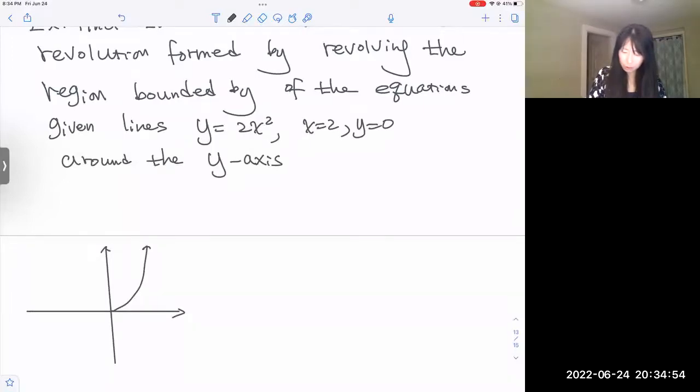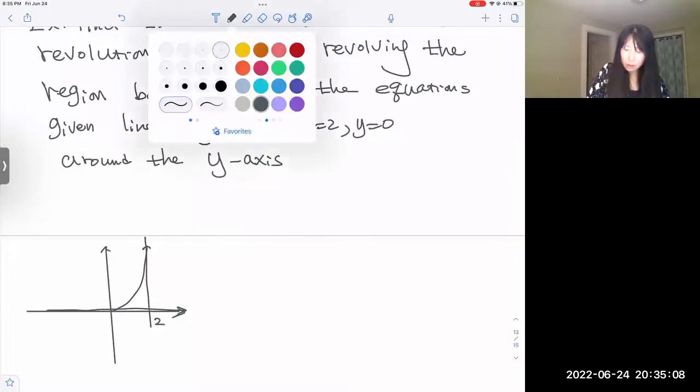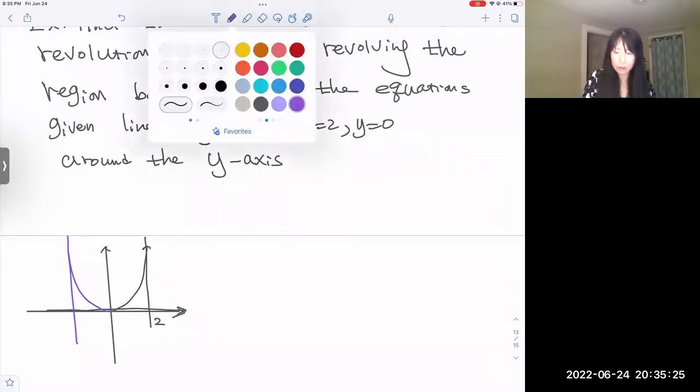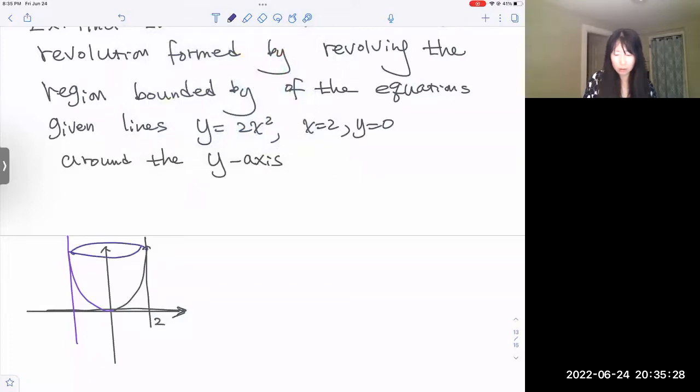Let's say this is 2. This is y equal to 0. And around the y-axis, this parabola is reflected there, because of rotating about the y-axis. Then the line x equal to 2 is reflected there too. Then we can see that there is a hole in the middle, right?